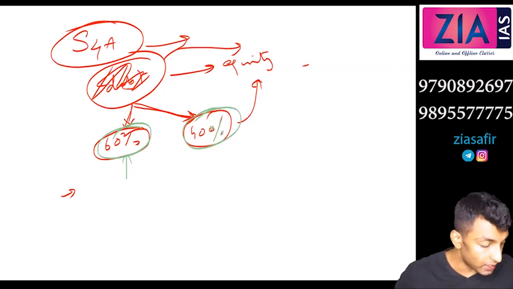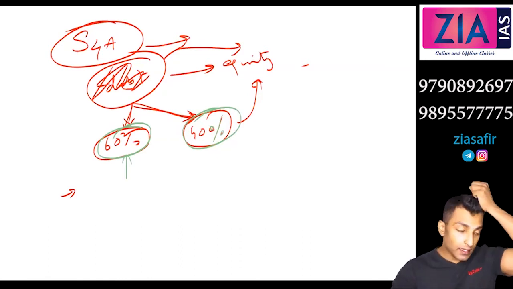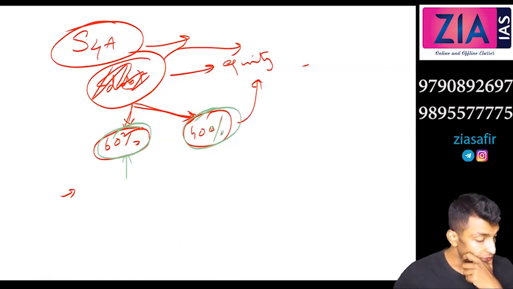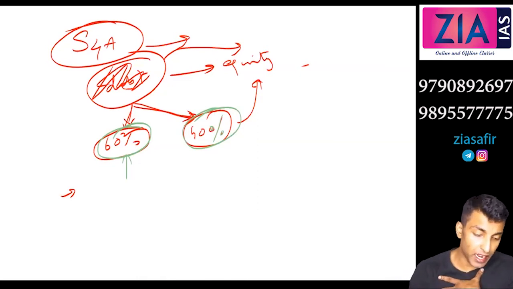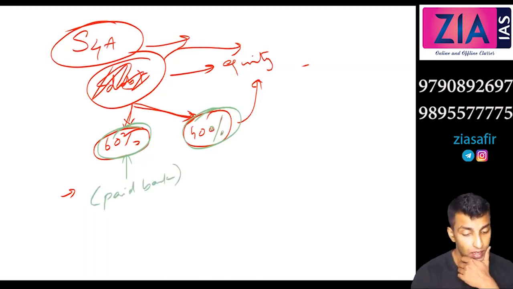Under that you can write, the sustainable component of the loan consists of that part of the loan which can be serviced, which in bracket you can write, paid back. So the company or the firm is capable of paying 60%.